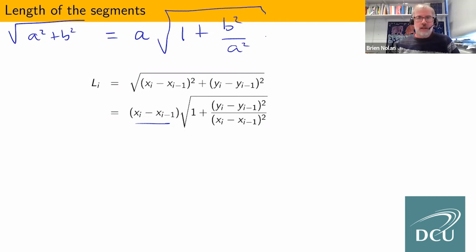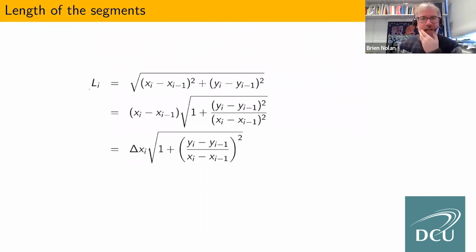The next step then, I use the fact that b squared over a squared is equal to b over a, squared. That's my next line. And I'm going to bring in the usual notation for the length of the ith subinterval.